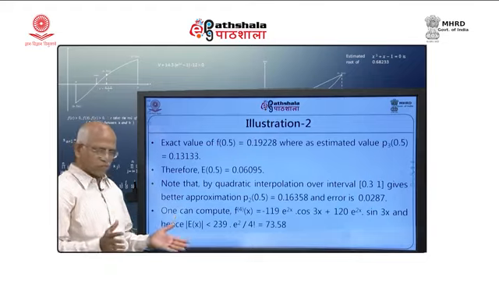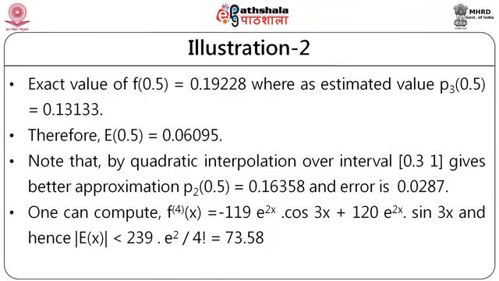This is a very crude figure, and therefore these estimates are not that good for use in numerical computations. You can see that the error is roughly of the order 0.06, 0.02 and so on, whereas our estimate says that the error will be less than 73.58, and therefore this formula only gives you a very crude kind of bound on the error.